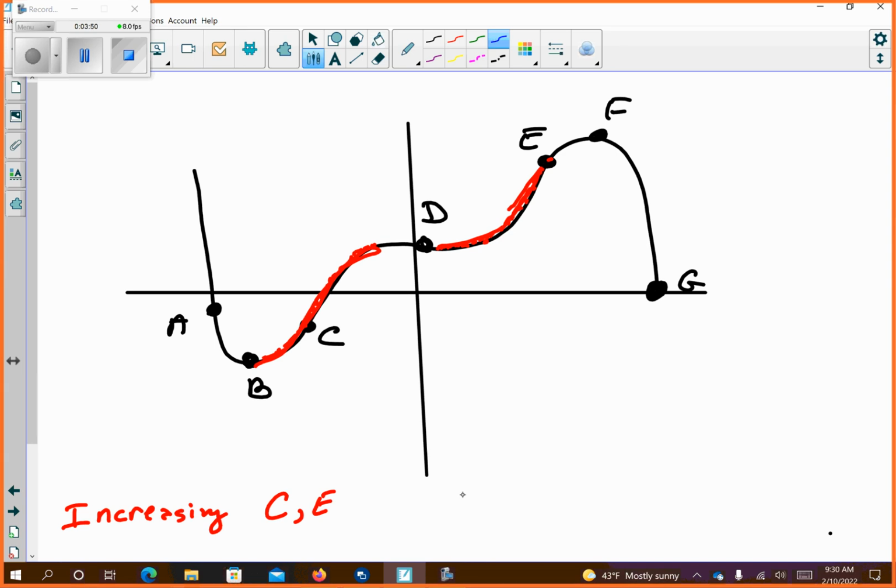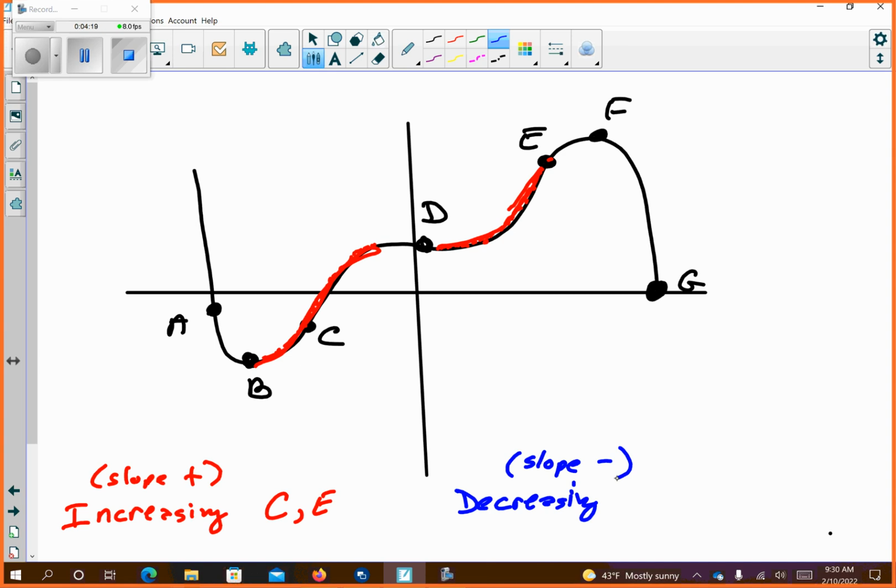If I go decreasing, well, if increasing means the slope's positive, then decreasing means the slope is, what do you think? Increasing is positive, decreasing is negative. Thank you.